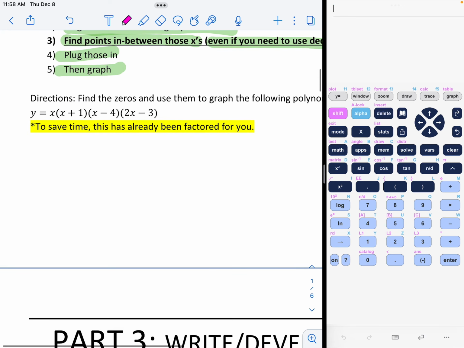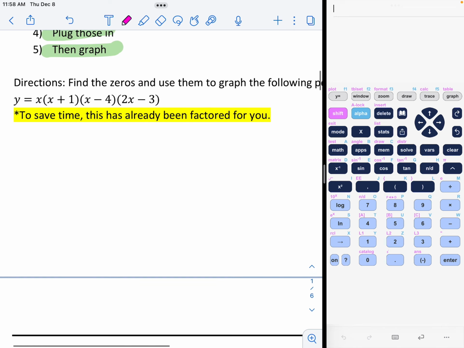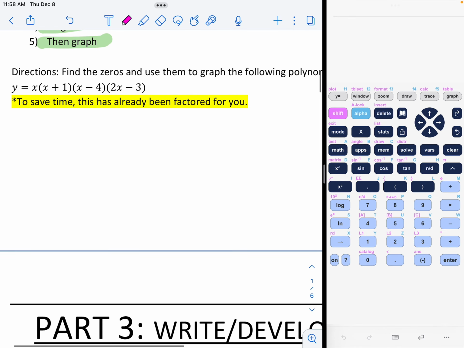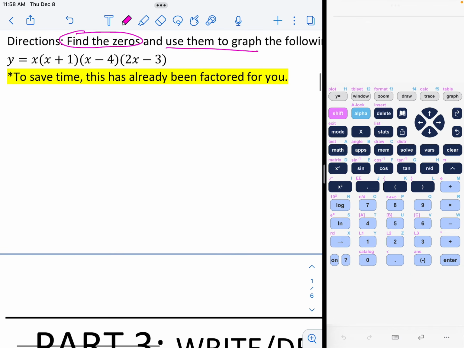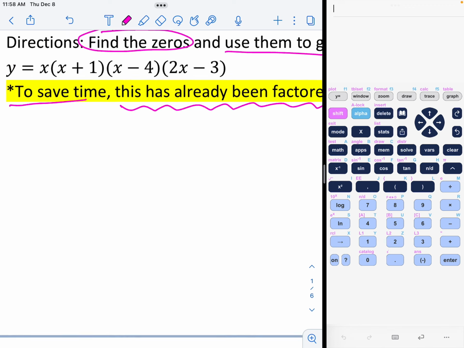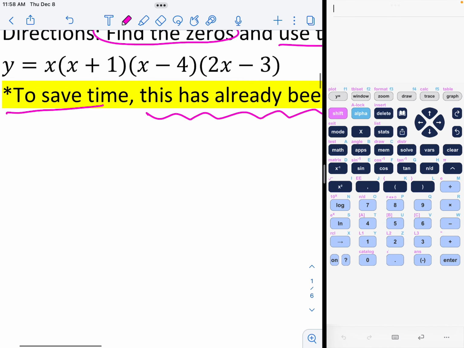Let's take a look at the polynomial here. Find the zeros, okay? Use them to graph the following polynomial. To save time, I already factored this. You should be able to factor yourself, at least on most quadratics, but this one's already been factored. So this first x up here would be a zero of 0.